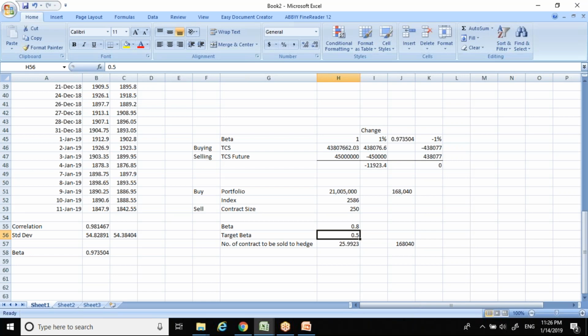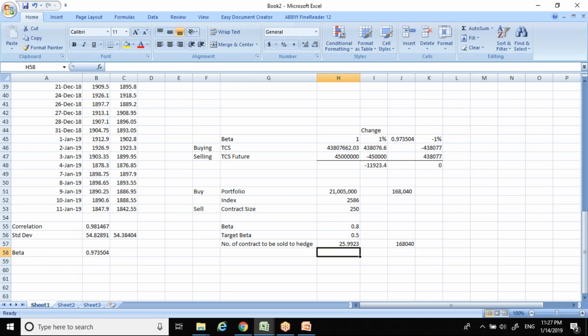So my position is not completely hedged and my portfolio will have some systematic risk. But why, as a portfolio manager, do I want to keep some systematic risk? Because I want to gain from that risk. If I completely hedge my portfolio, I will not gain anything because hedging will not give you any extra gain.